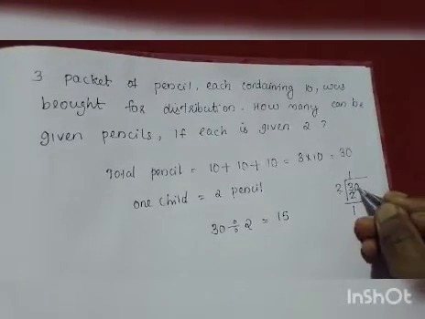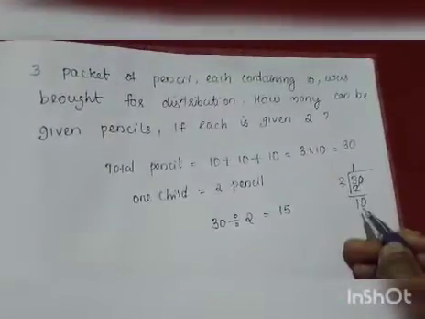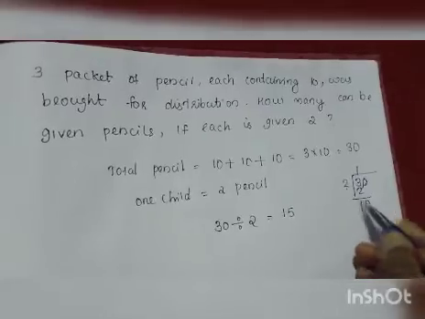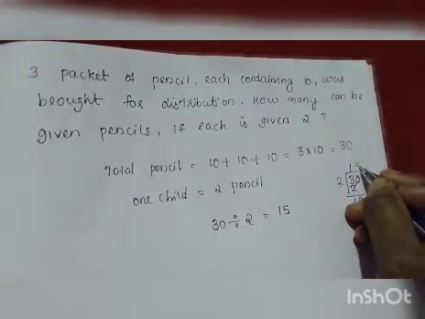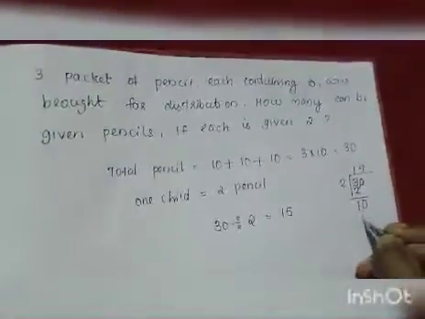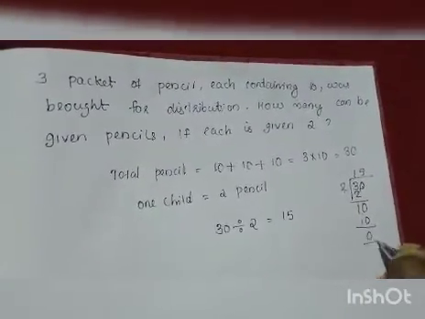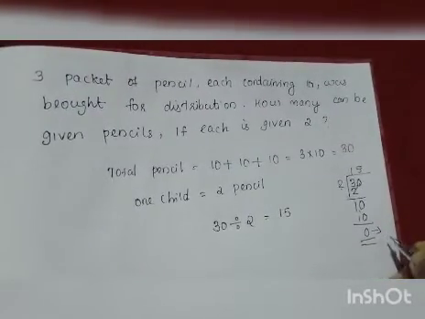Then put the next term down, 10. Next again we check which multiple of 2 gives 10. Here 5 2s are 10. Again subtracting, 10 minus 10 is 0. Here each term has a name.